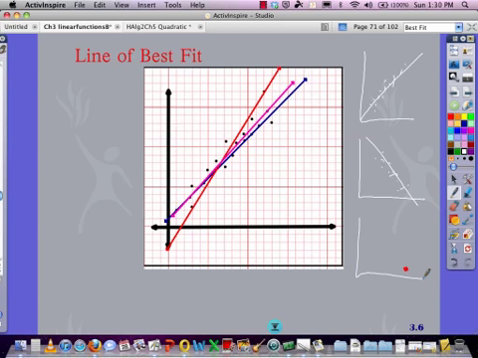And then possibly, what if we just had random series of points where you could take your eyeballs up, you could take it down, you can take them horizontal, you can take it vertical. We would basically say there is no correlation. So we've got positive correlation, we've got negative correlation, and then we have no correlation. Those are going to be the three that we spend a little time on today.